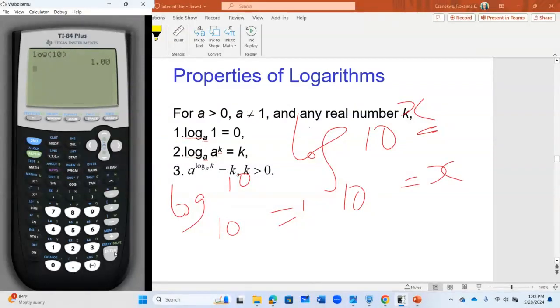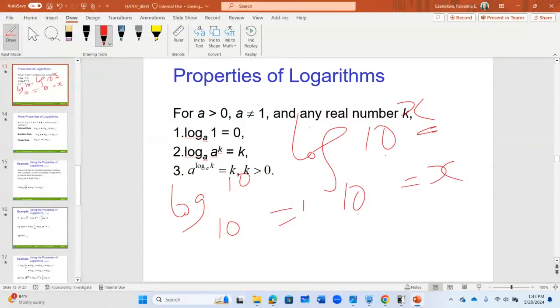The reason why it is 1 is that the base is 10. And by the way, our calculators, TI-84 and TI-83, don't understand any other base except base 10. It's called common logarithm. So we're coming to natural log. Log of 10 to base 10 is 1.